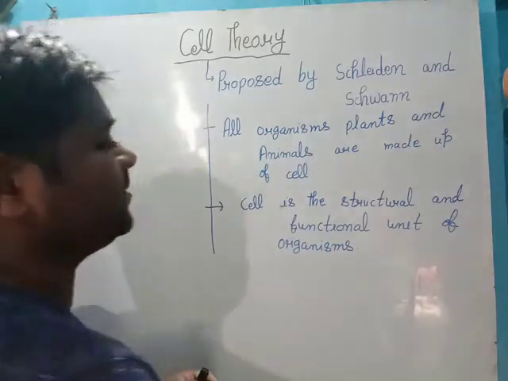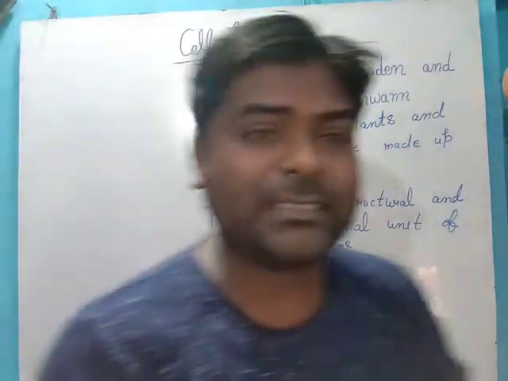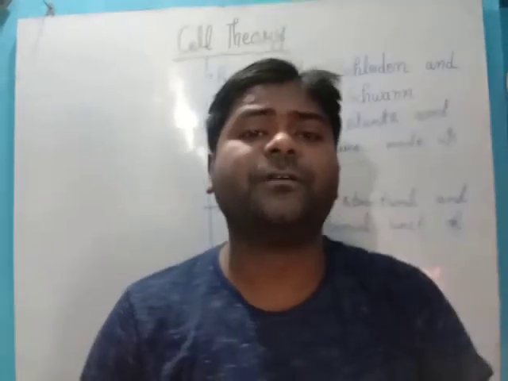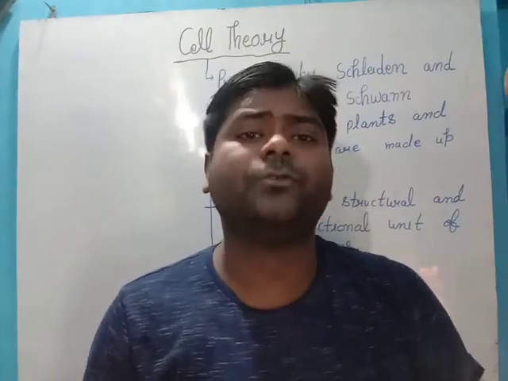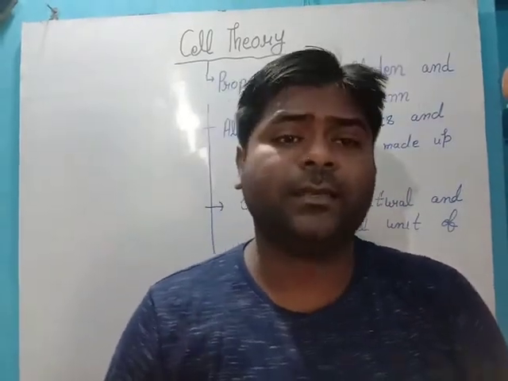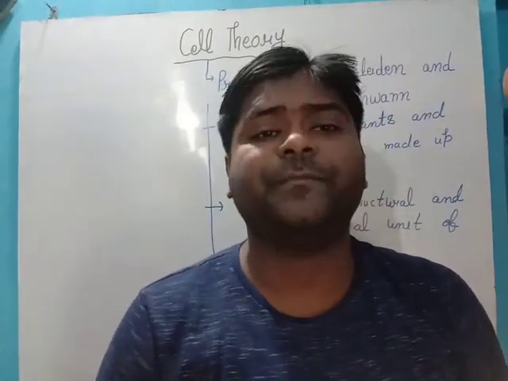This is the next point. The cell is the structural and functional unit of organisms. These are the 2 points proposed by Schleiden and Schwann in their cell theory.